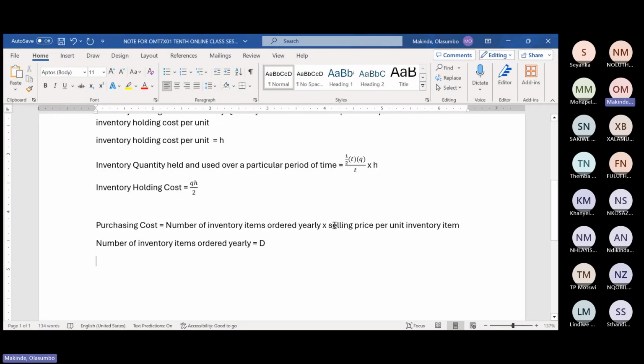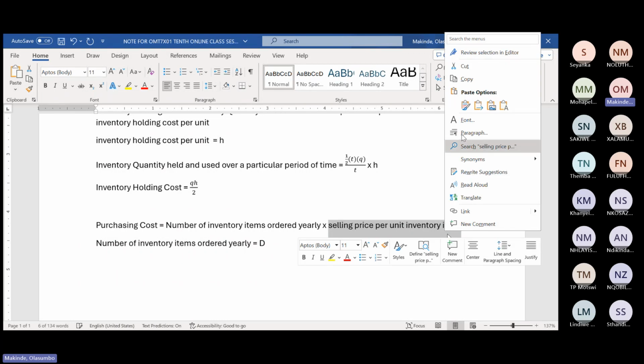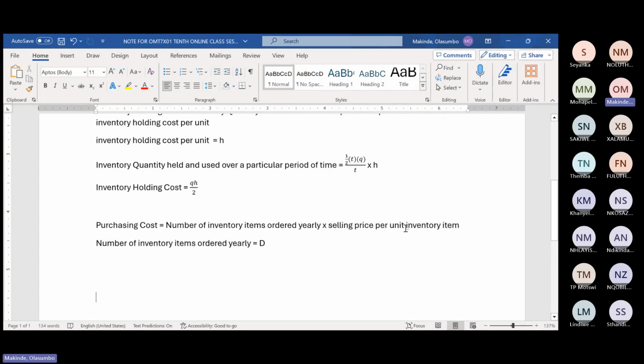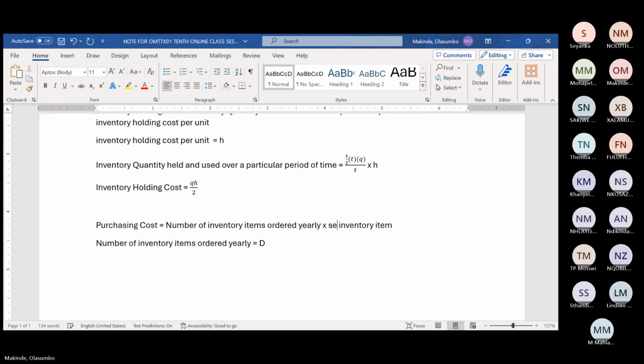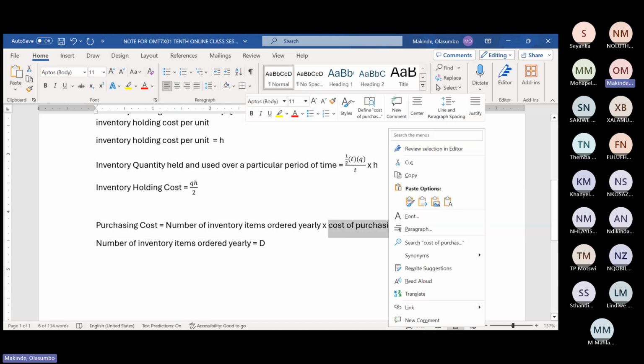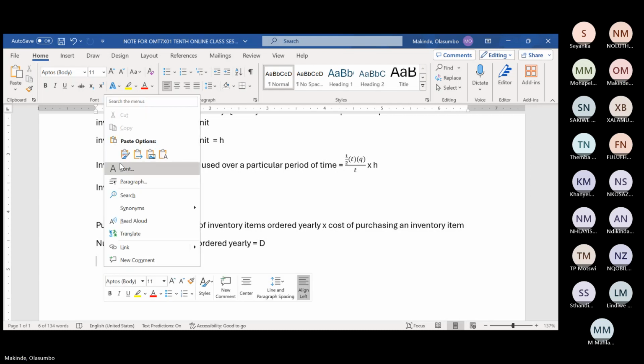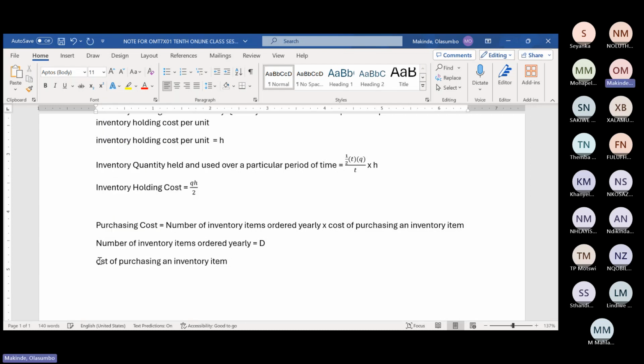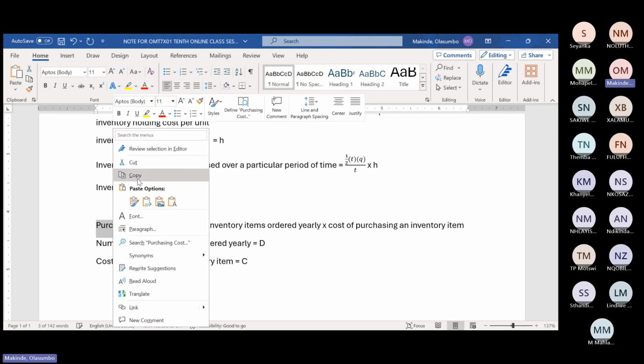The selling price per unit, which is the cost of purchasing an inventory item, we represent as capital C. So the purchasing cost mathematically will give you DC.